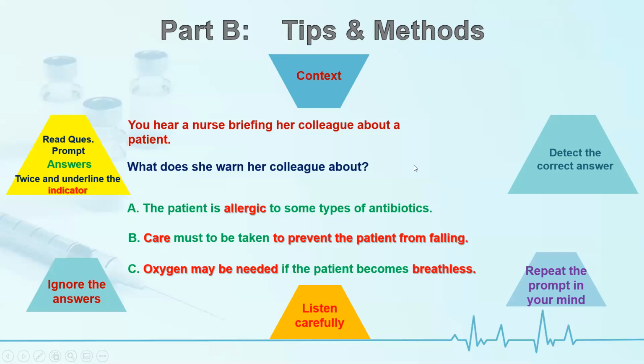So again, the sequence to deal with such questions in part B: read briefly the context just to know the setting, then read and underline the question prompt and the given answers and locate the main idea, important words, keywords, important information in the given answers.